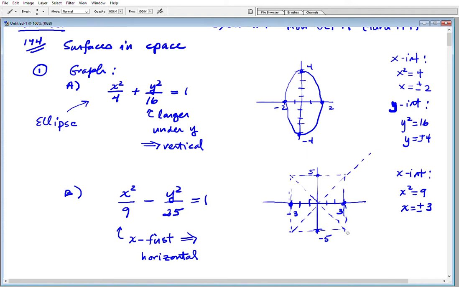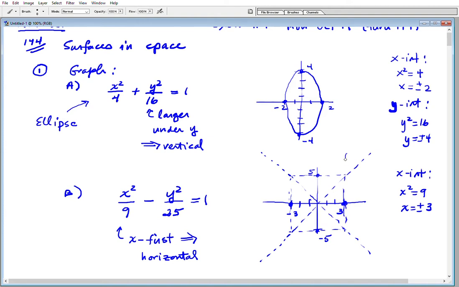These dotted lines will be what they call diagonal asymptotes for this hyperbola. What is the equation of this line? This line has slope, which is height 5 over width 3.